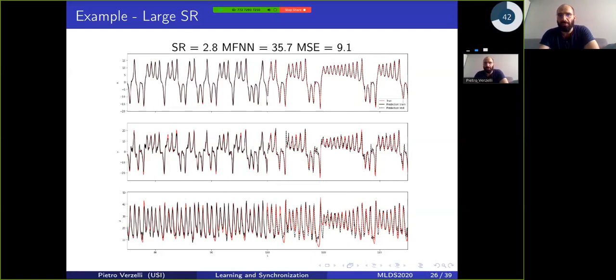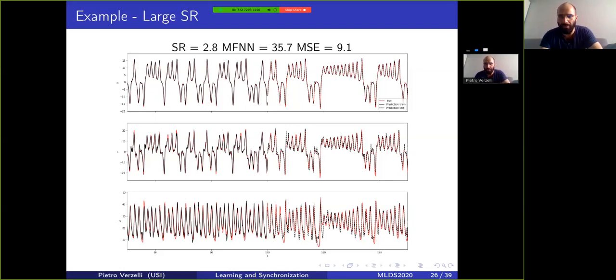And if you choose a really large spectral radius, like 2.8, we see that again the synchronization measure is 35 in this example, and the mean squared error is huge, almost 10, 9.1. And we see that in this case, we also fail to predict the x coordinate. So even if we are seeing the coordinate each time, we fail at reproducing it.